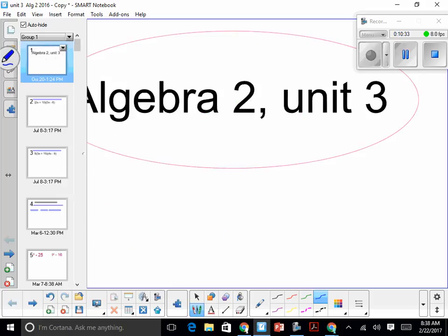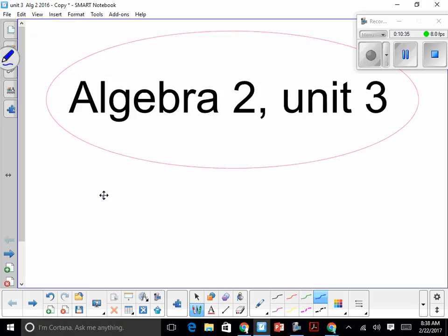While 16 is where we're going to wind up, this very front page is where we're going to write the standard for standard 2, or rather standard 1. Standard 1, which is at the very top of it. So learning target, standard 1.